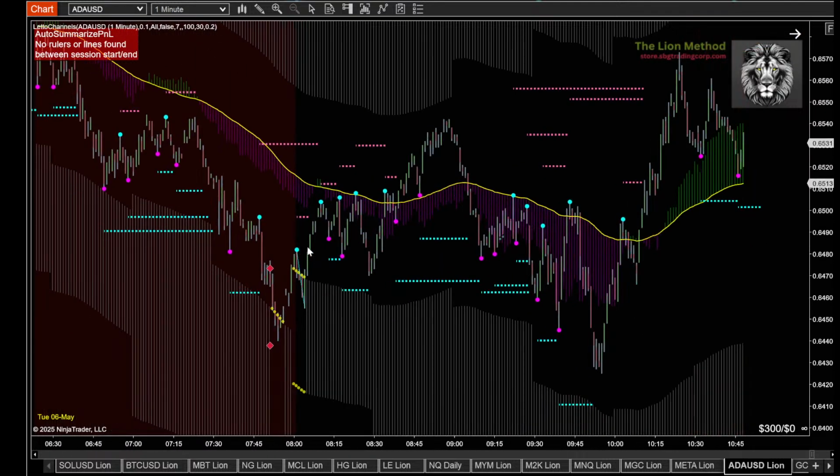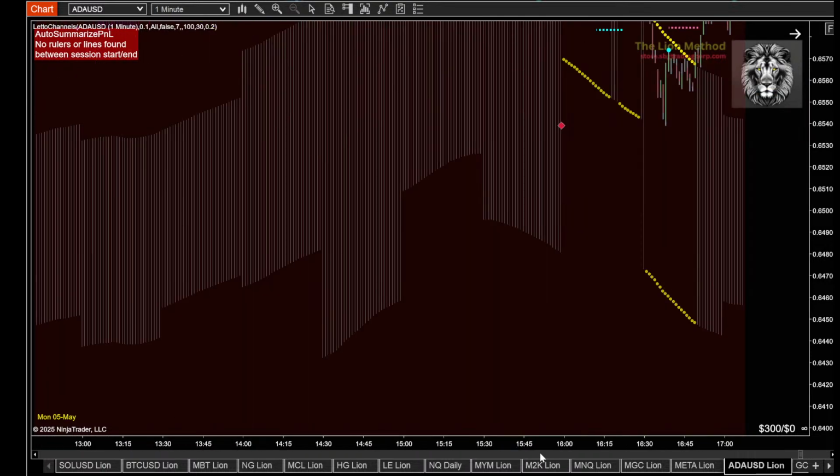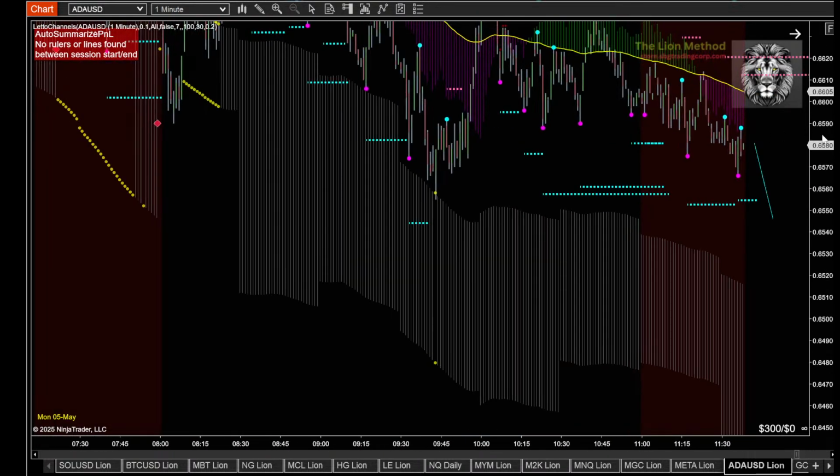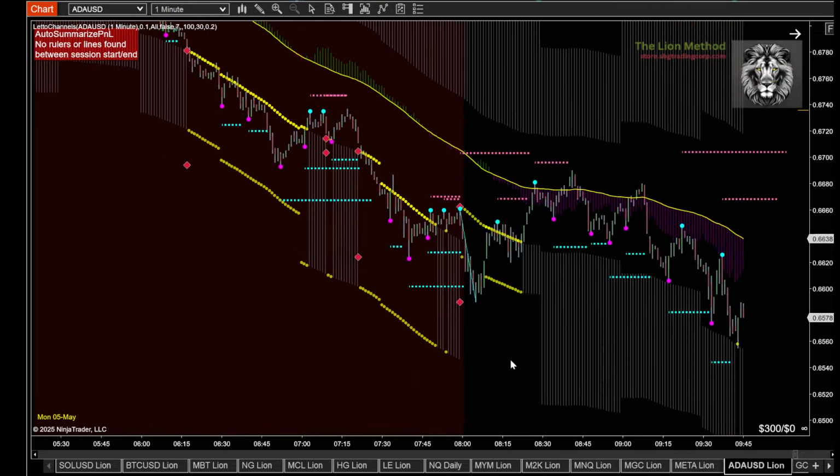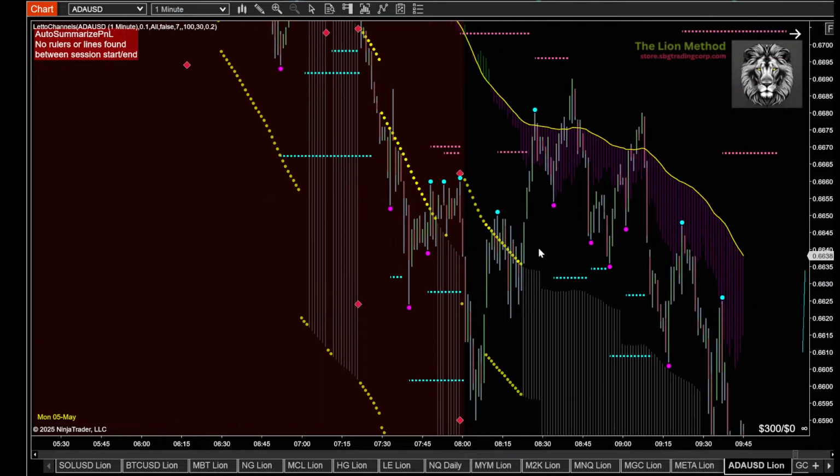That's our entry. Target achieved. Oversold. So these would have been losers, but just small stops. There's a winner right there. We get oversold, right? And then we're coming up through here. Target hit.